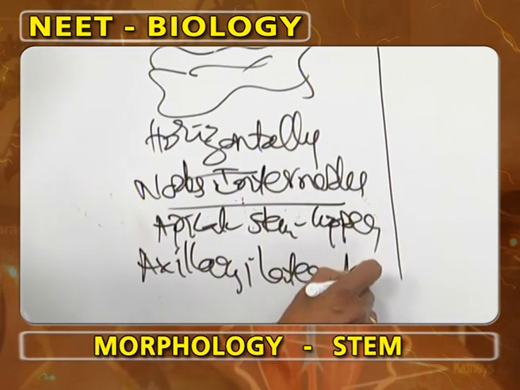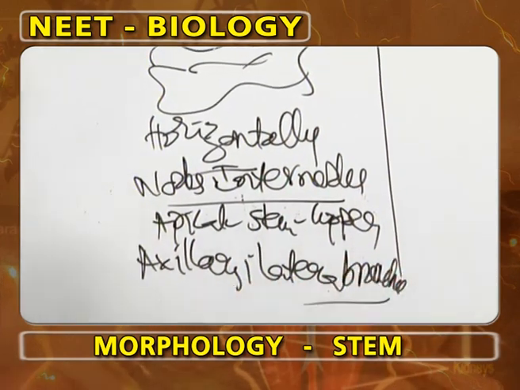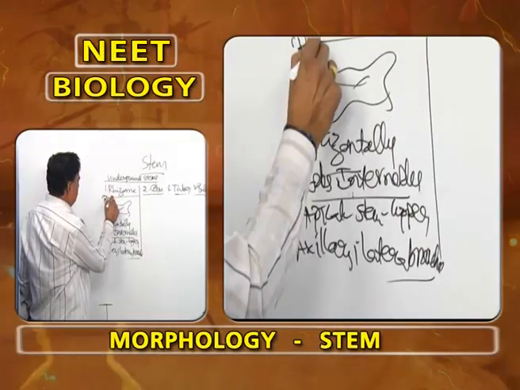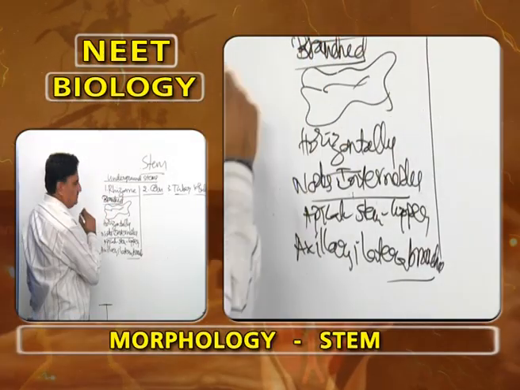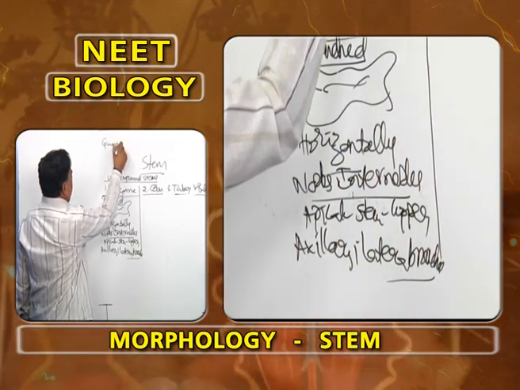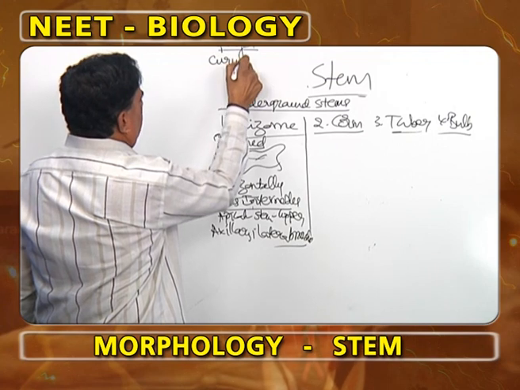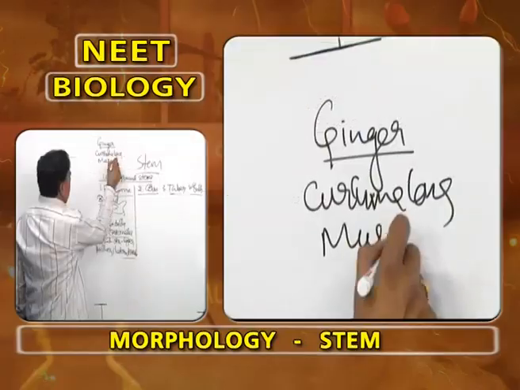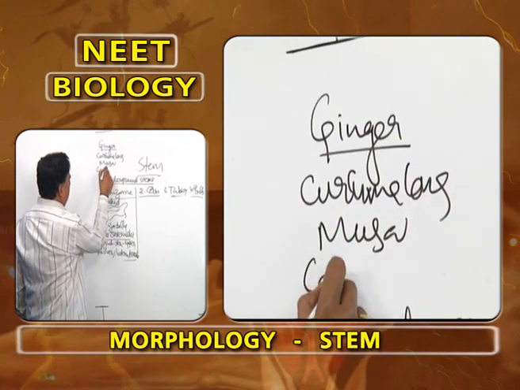The lateral branches also grow horizontally and they also store food material and make the rhizome very much branched. Examples of rhizome are ginger, Gingiber officinalis, turmeric, Curcuma longa, Musa paradisiaca, that is banana, and Canna indica.